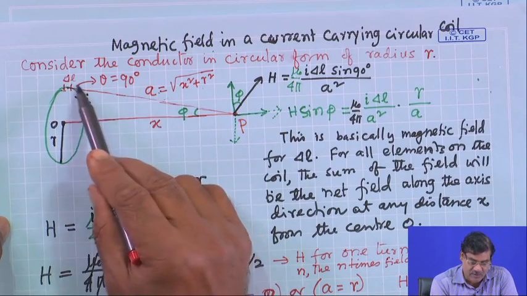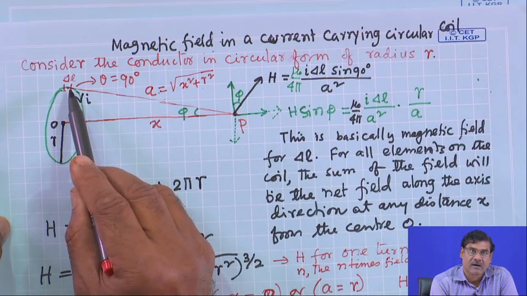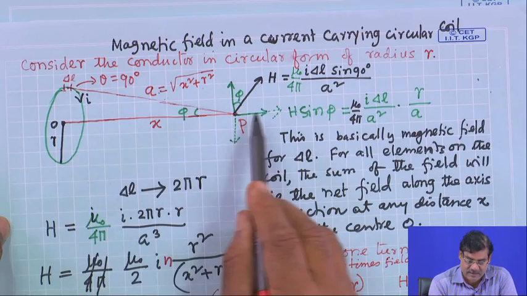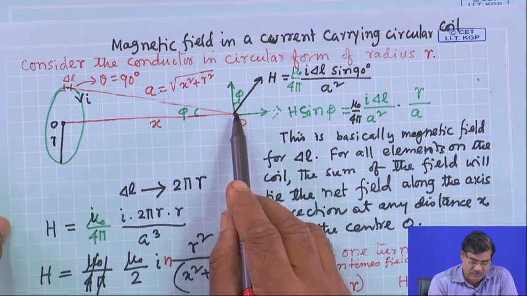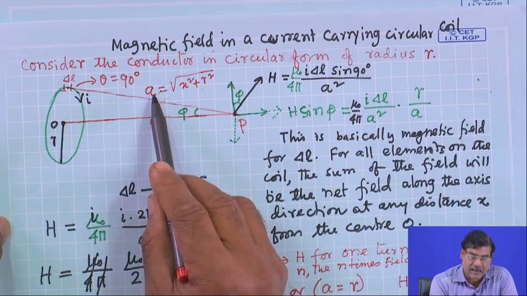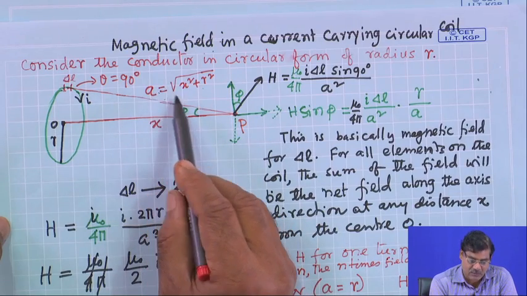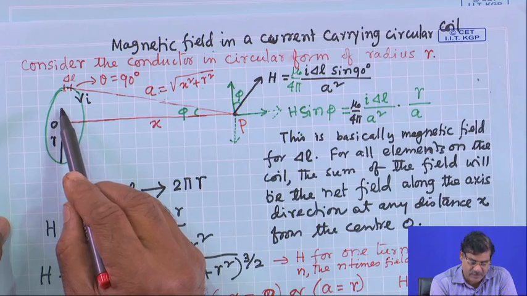So, A will be the distance between the conductor element and the point where we want to find out the magnetic field. So, this is basically A, and A will be equal to square root of x square plus r square, right.